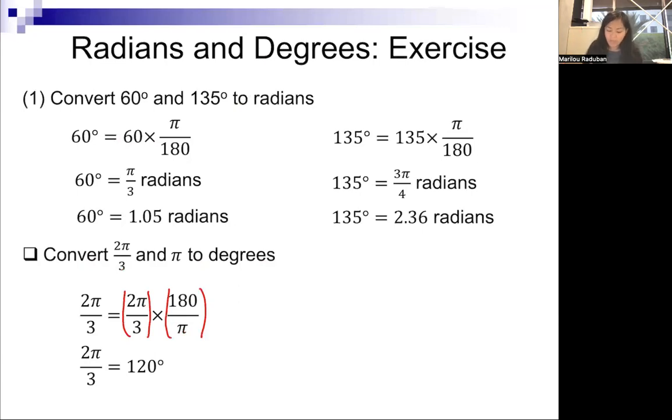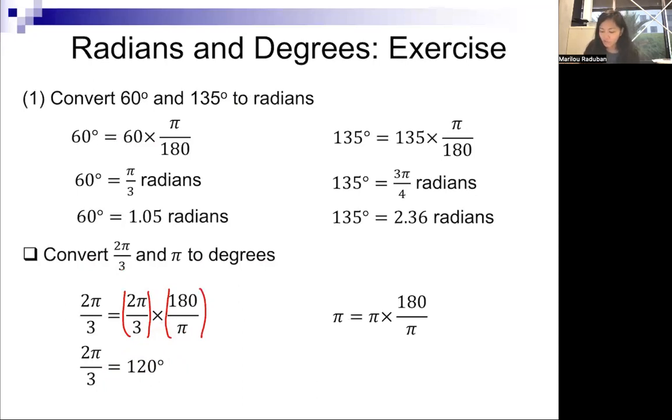Otherwise, if you just put 2 pi divided by 3 times 180 divided by pi, what your calculator will do is divide 2 pi by 3, multiply that by 180, and then divide it by pi. Sometimes different calculators need different bracketing, but if you cannot get 120 degrees, check your brackets.